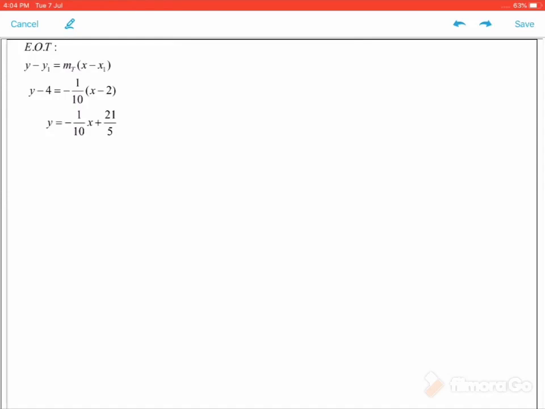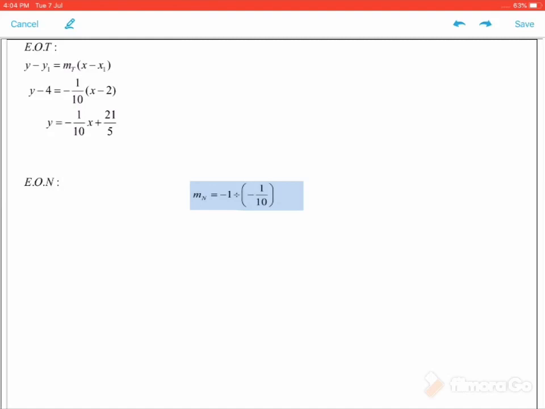Okay, now we go to the equation of normal for this question. To find the equation of normal, we have to get the gradient of the normal first. So how to get the gradient of the normal?